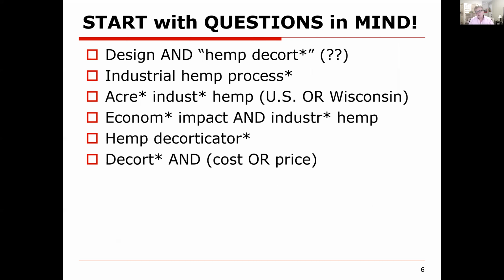So if I go back to this problem of hemp decorticators, I know what a lot of your initial searches are going to look like. And by the way, I have already done videos on Google Scholar, a really good database, Web of Science, which is available through the University of Wisconsin library system, and also the ASABE technical library, which, again, if you are coming in through the University of Wisconsin system or UW-Madison, you'll be able to locate and access.